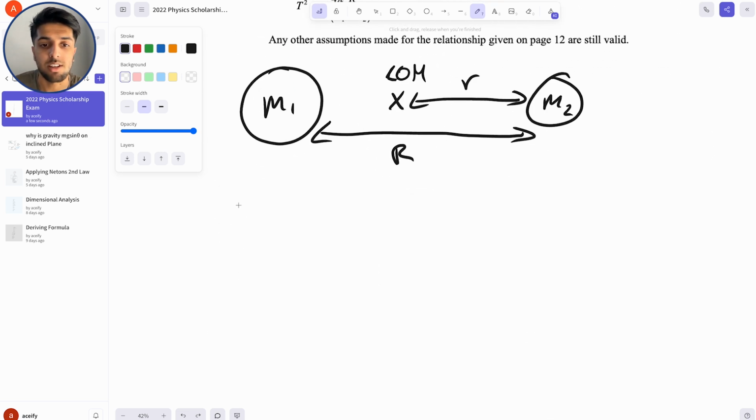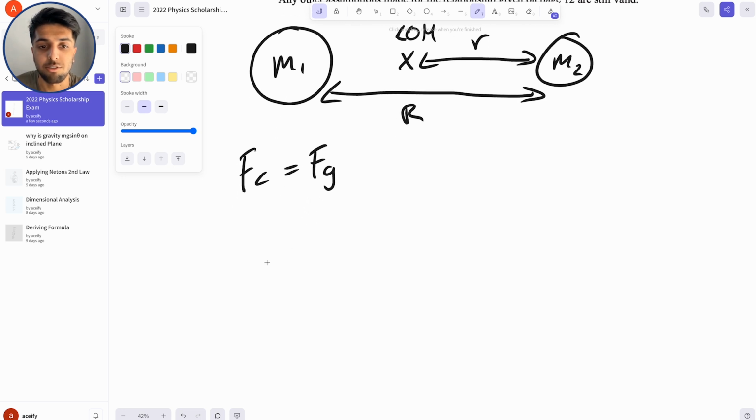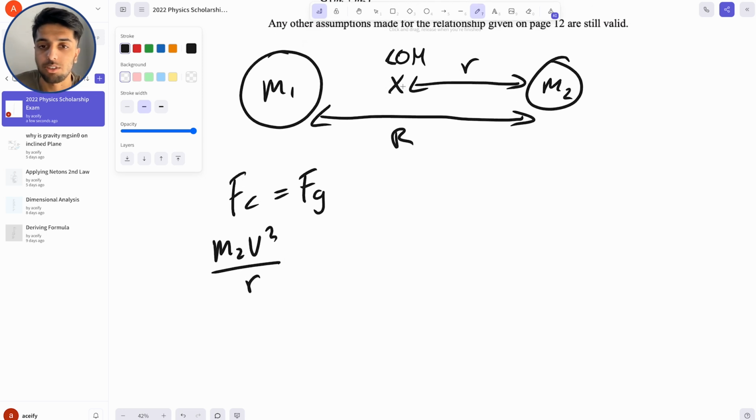Okay, so we know that the centripetal force will be provided by Fg. Fc is m2 v squared over little r, because again it's going around the center of mass, and that is the radius of its circle. And that is equal to big G m1 m2 all over R squared.